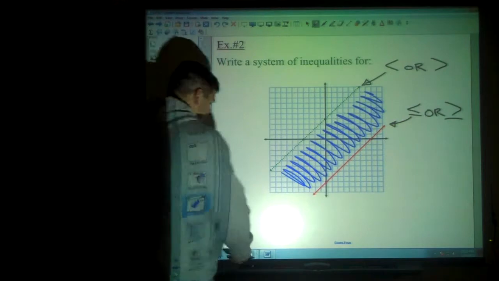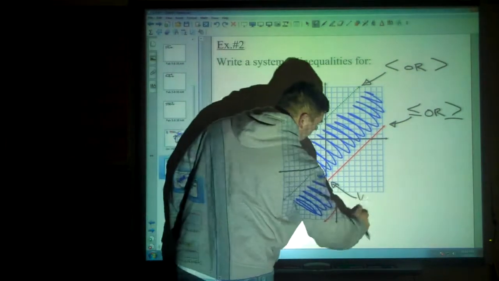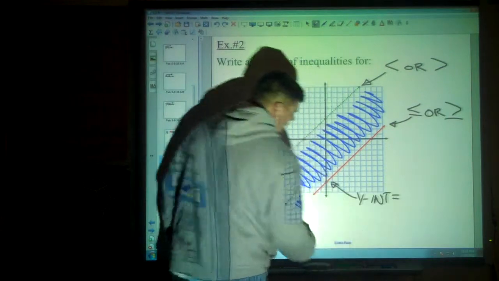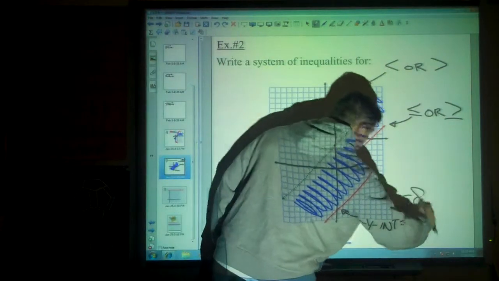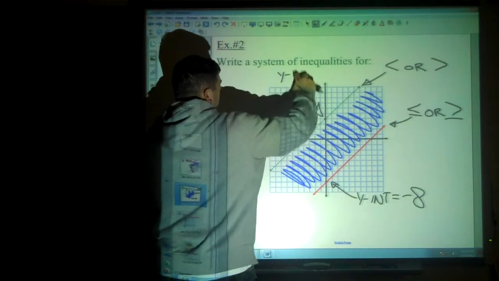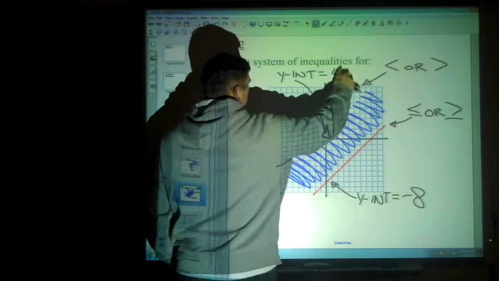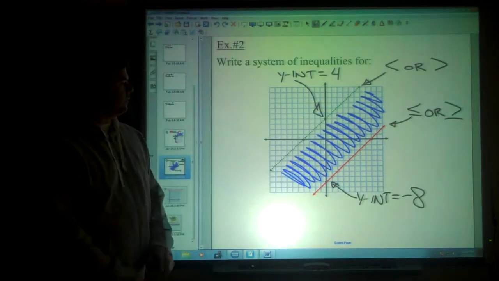Some more important pieces of information. This particular line has a y-intercept at -8. And this y-intercept is at 1, 2, 3, 4. So those are pretty important pieces of information.